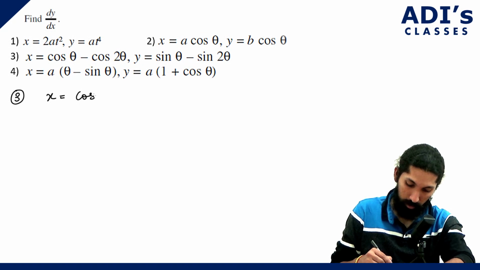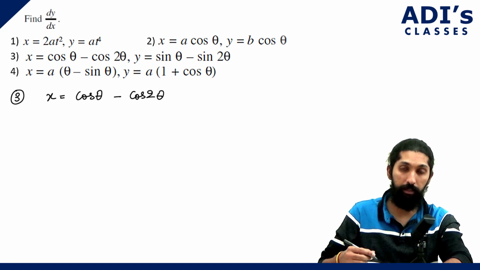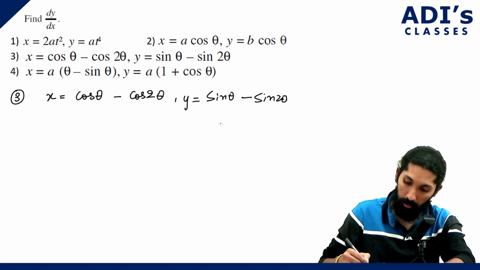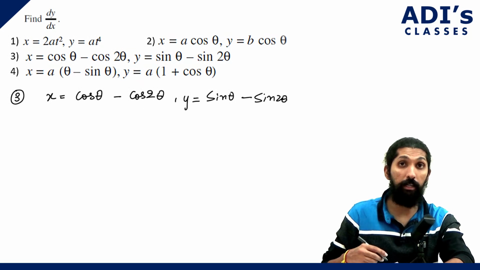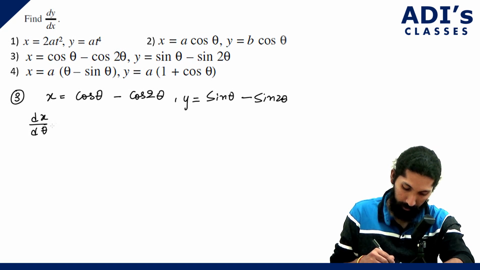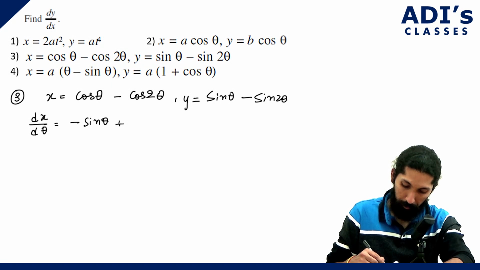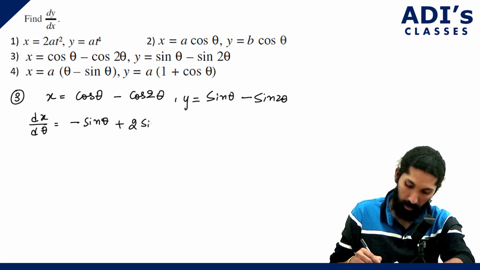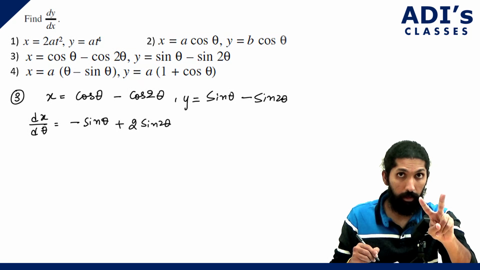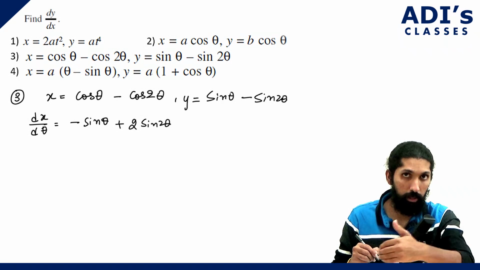x is cos theta minus cos 2 theta, right? And y is equal to sin theta minus sin 2 theta. Again, let's calculate dx by d theta first. dx by d theta becomes minus sin theta plus 2 sin 2 theta, because the derivative of cos 2 theta is minus 2 sin 2 theta.